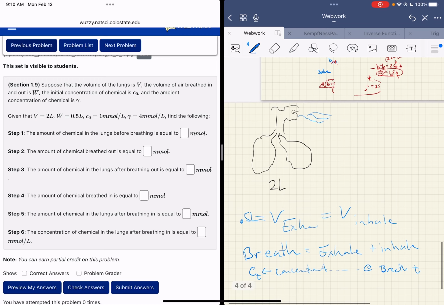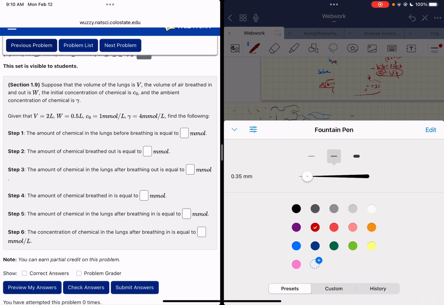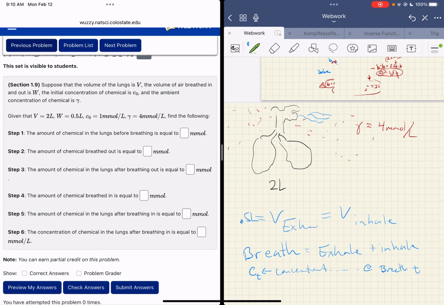Now, this person is sitting in a room, and there's some particles in the air in this room. The concentration is gamma, and that is 4 millimoles per liter of this mystery particle. There are also particles in the lungs, and the concentration in the lungs might be different than in the room.